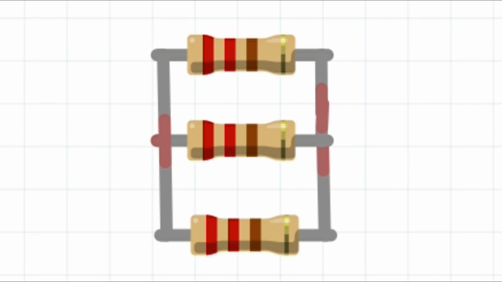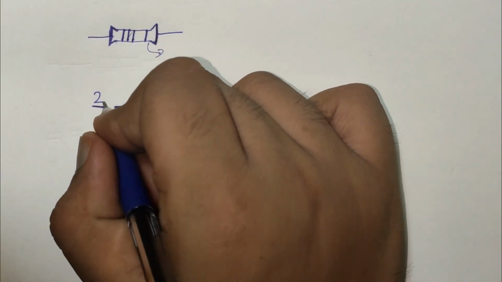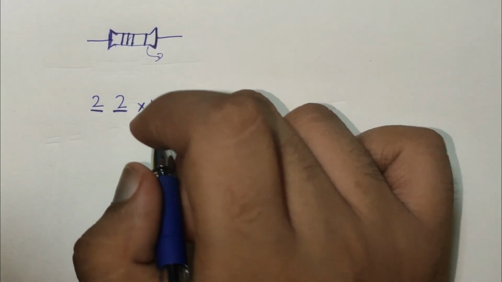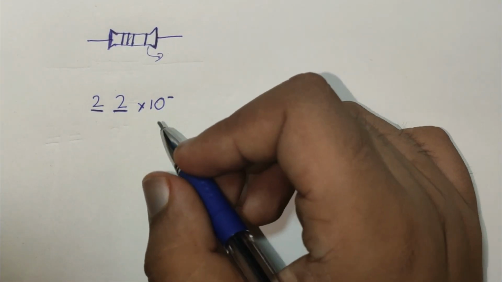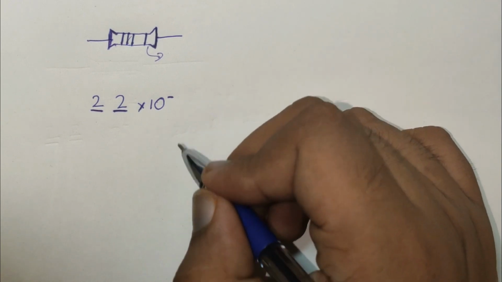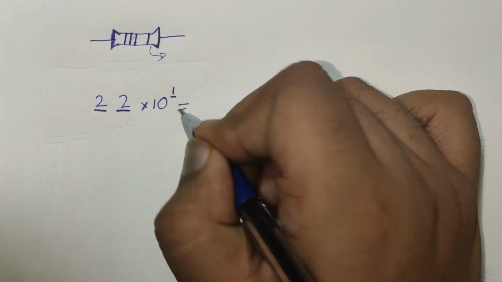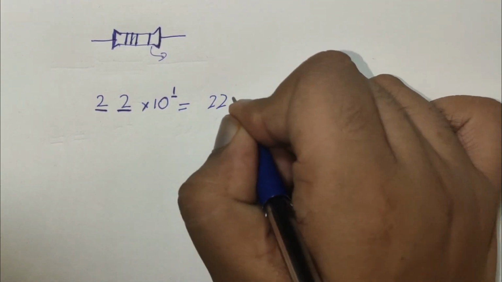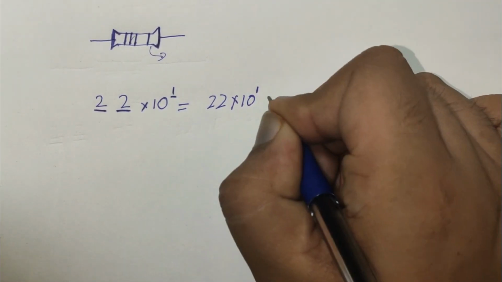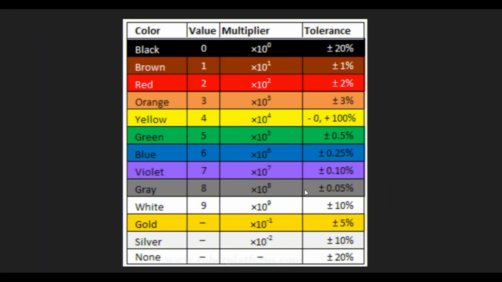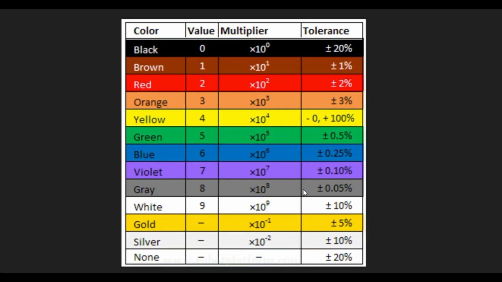The first band is red and red corresponds to 2. The next one is also red, so we get 22. Now the multiplier. The multiplier is brown in color. Brown corresponds to 1. So we get the net resistance as 22 times 10 raised to 1, which is equal to 220 ohms. We use this table in order to determine the digit each color represents.